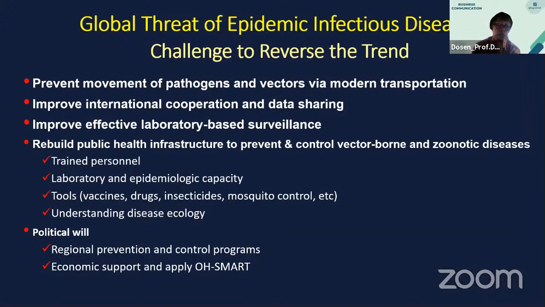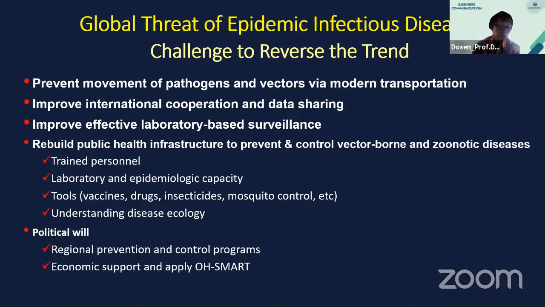We should train the personnel and train the people for zoonotic disease and potential disease in their own region, and then build laboratory and epidemiological capacity, tools for mosquito control, vaccines, and understanding the disease ecology.